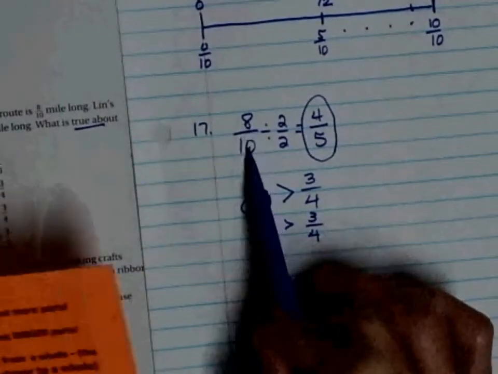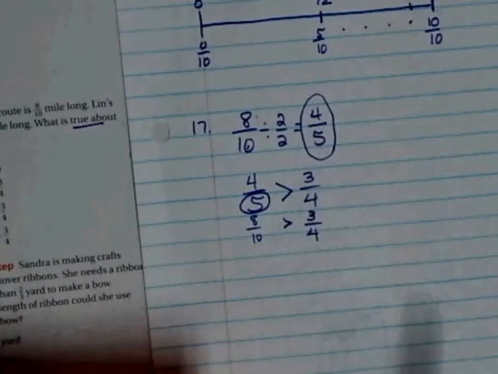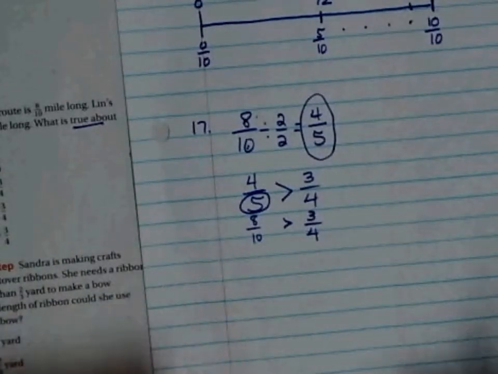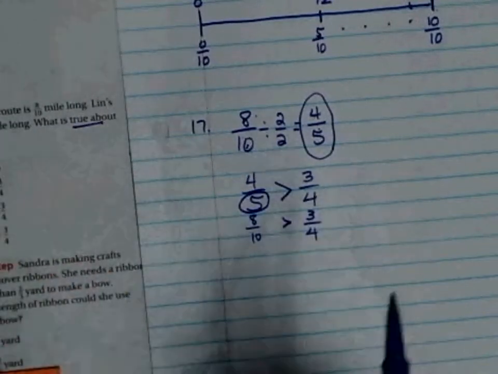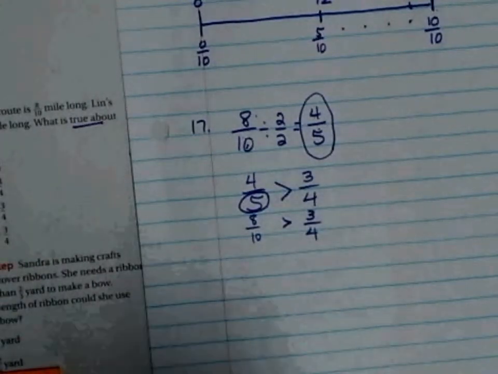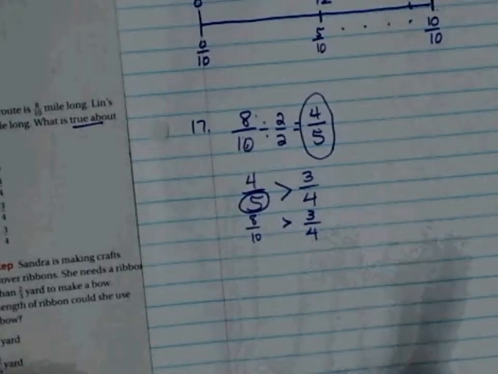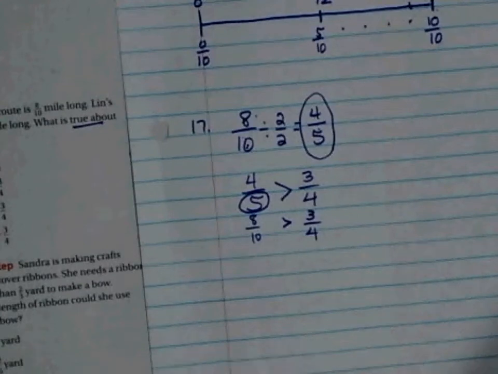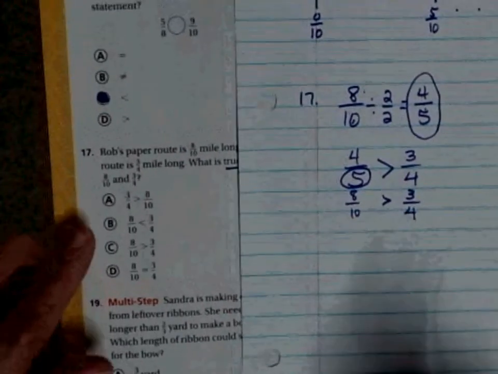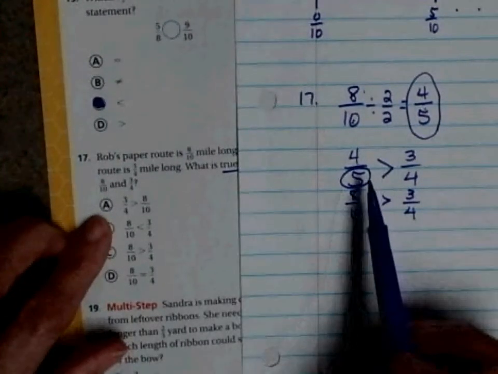Awesome. And we did that by simplifying this and changing it to an easier fraction to work with. Remember, they're still equivalent, just kind of regrouped, kind of like when we borrow or we regroup when we subtract. So we still have the same value, just different sizes. Okay, so let's look at our answer choices.